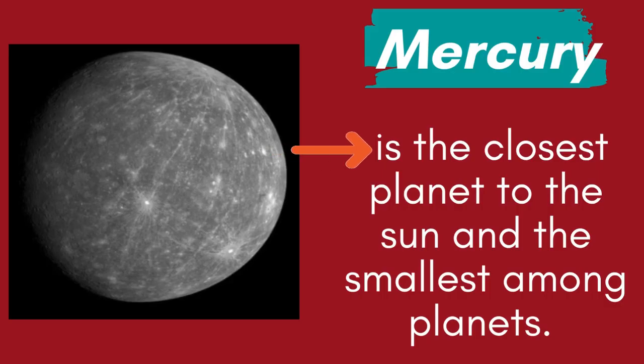Mercury is the closest planet to the Sun and the smallest among planets. It revolves around the Sun within 88 days and rotates on its axis for 58 days. It has no natural satellites and no rings.